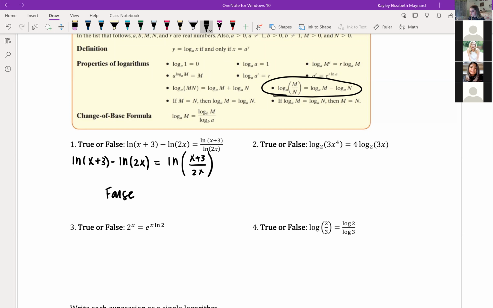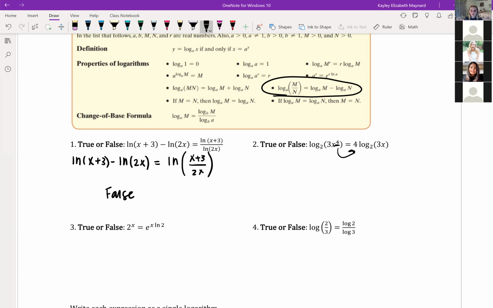Okay, so for number 2, we're given log base 2 of 3x to the 4th is equal to 4 times log base 2 of 3x. So it looks like what they've done is tried to take the exponent here and bring it out to the front. That's all that's changed here. But we want to see, was that a valid move?